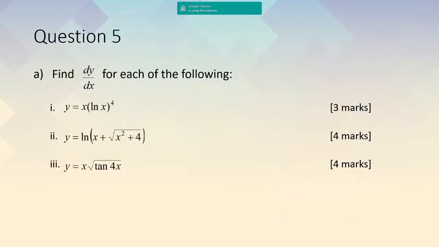We proceed to the next question, question 5. Differentiate each of the following by using product rule. Question 1 by using product rule, and then question 3 also by using product rule.